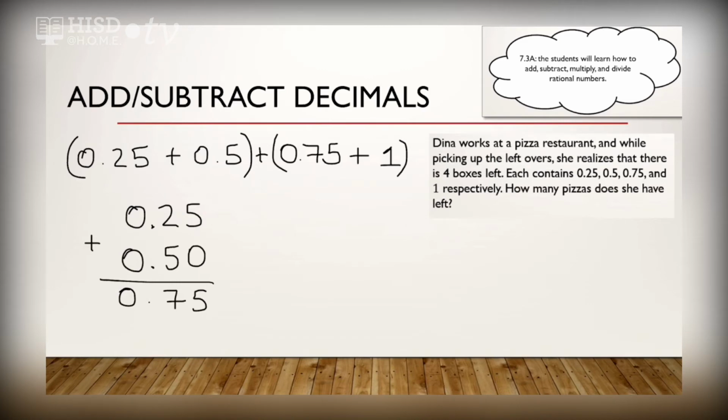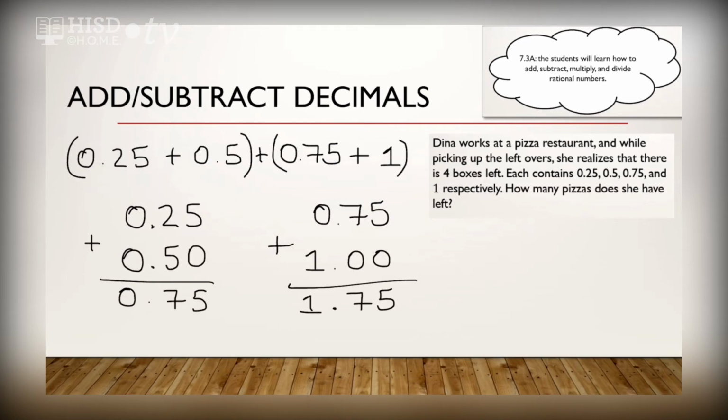I can then do the same here, and as I said, it's very important that we understand the place value. So the 1, since it's a whole number, will be right here, and we will have to add zeros in order for this number to be in the hundredths as well. I add normally, I get my decimal point, and now the only thing that I have left is to add the left and the right.